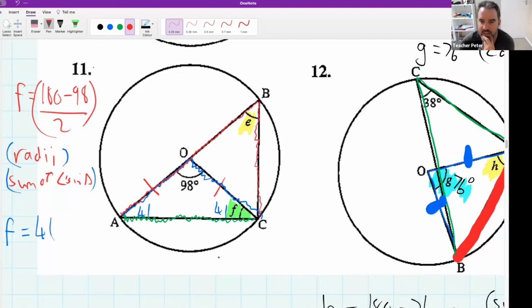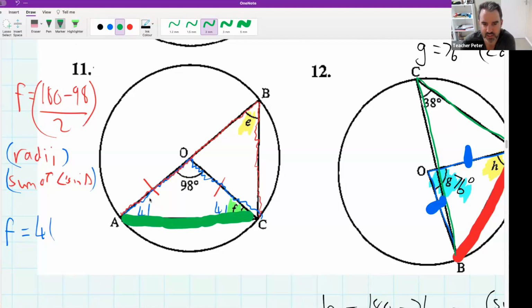Who can spot that connection? So E is actually not 41. Can you see the base, we'll call it the base AC, the chord AC, which is helping me here?